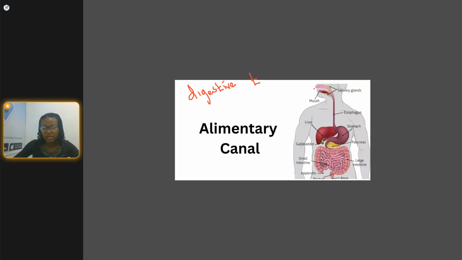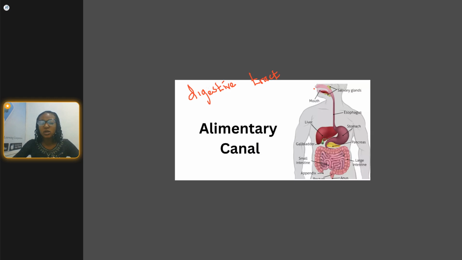Just like I explained earlier, the alimentary canal functions in digestion. So without the alimentary canal, there is no digestion in humans or in mammals.